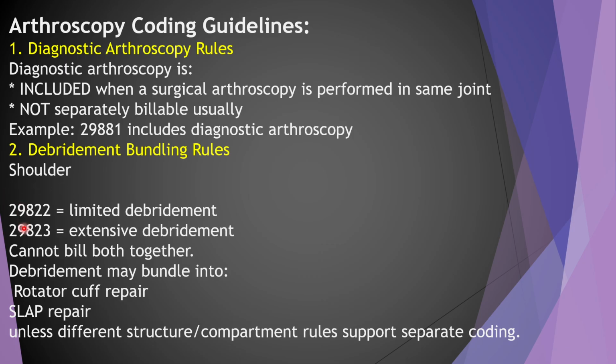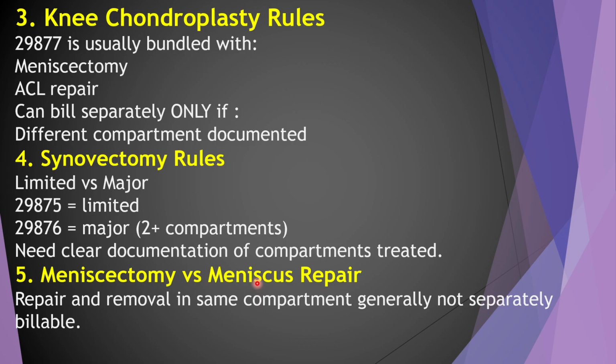Okay, and debridement may be bundled into the rotator cuff repair, SLAP repair, unless it is a different structure. So we already discussed what is limited debridement and what is extensive debridement. Limited means a single structure has been treated, and extensive debridement means three or more discrete structures. Okay, coming to next.